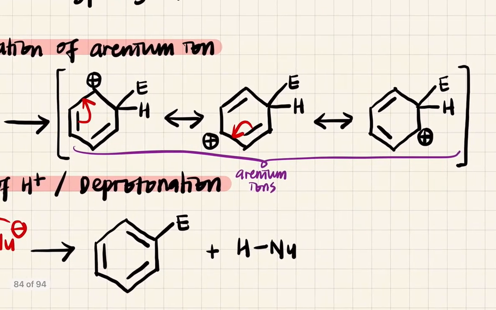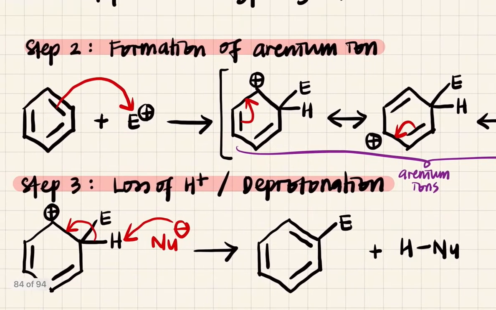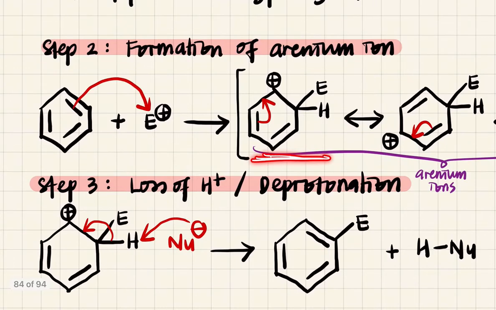And then you're going to take any of these uranium ions. Saya ambil the first uranium ion untuk buat step 3. Once kita dah ada uranium ion, we will be using whatever nucleophile that we have to capture this hydrogen, because we want a double bond here, and we have a carbocation ion here. So maksudnya this carbocation ion wants electrons.